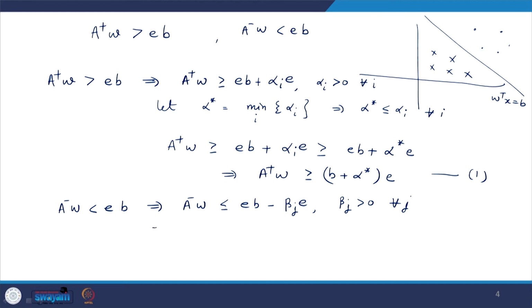So this further implies A minus W will be less than or equal to E b minus beta star times E, where beta star is equal to the minimum of beta j.